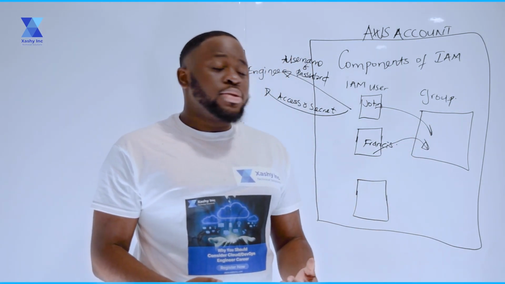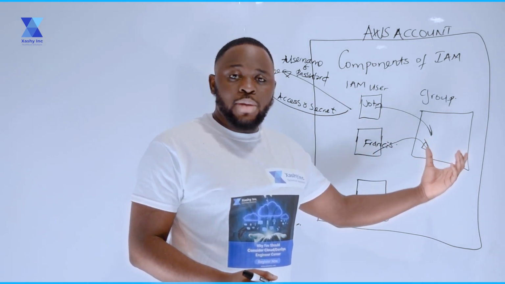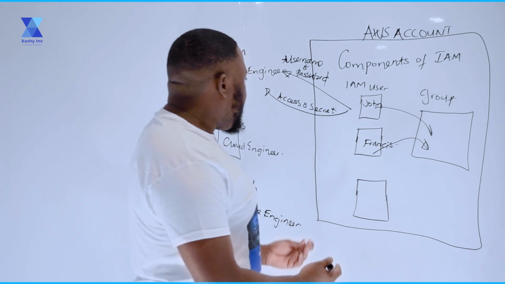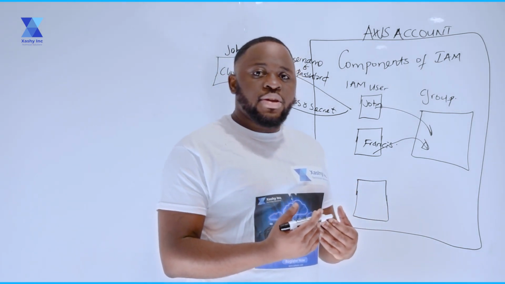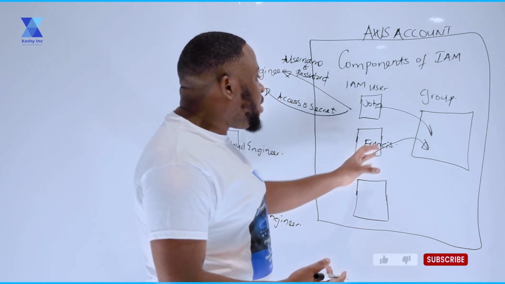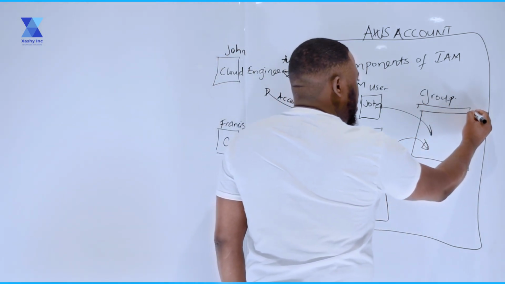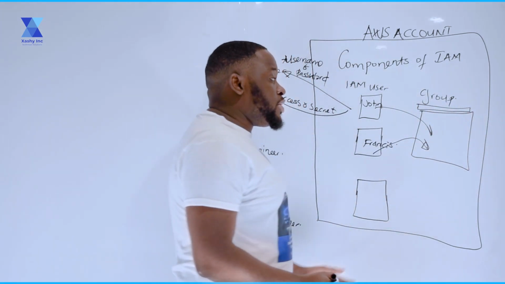This is important because you are able to manage your identities in one place. So for example, if I have identities who are carrying out the same function, instead of giving permissions to those identities individually, I could simply have them in a group, and I could allocate a permission to that group.